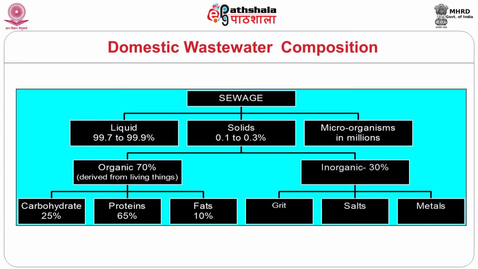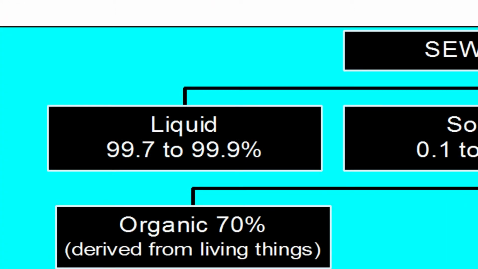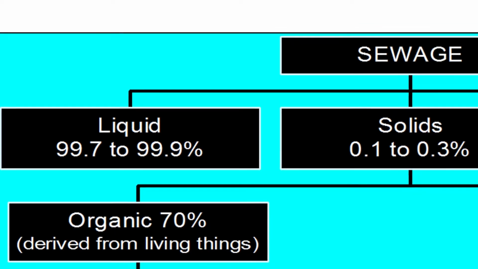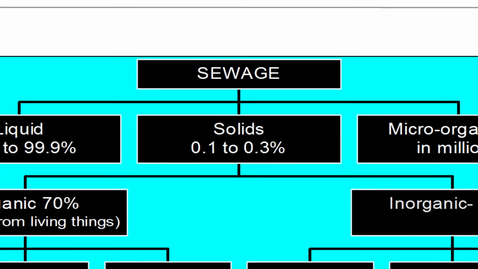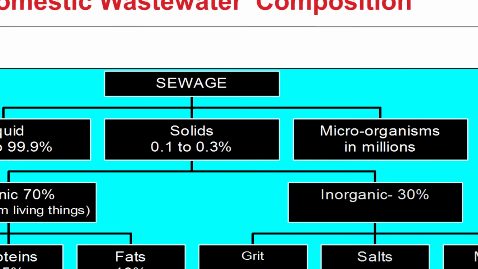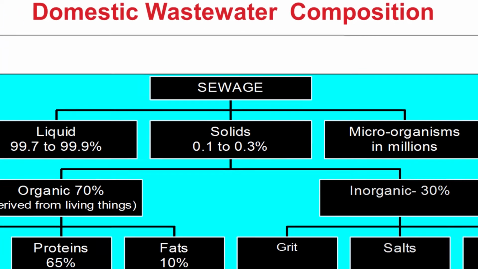If you analyze the overall composition of domestic wastewater, it contains 99.9% to 99.7% water, and the remaining 0.1 to 0.3% is solid particles. These solids are in three different states: dissolved, colloidal and suspended, along with coliform organisms as well as pathogenic organisms.